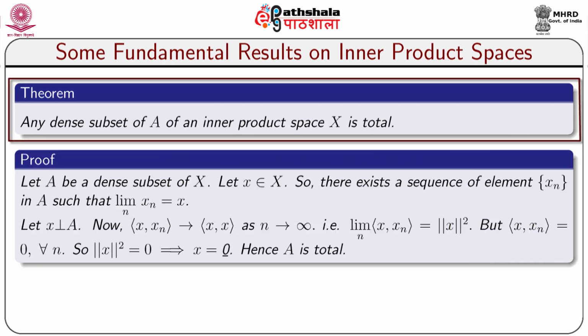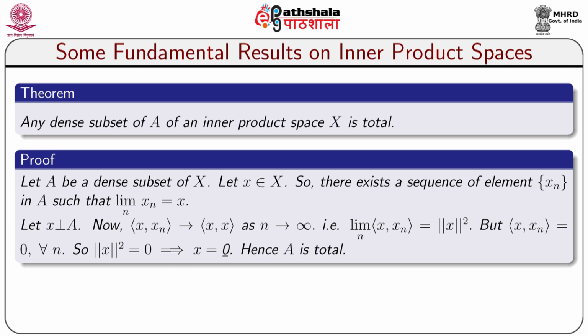Now, let us take a theorem. Any dense subset A of an inner product space capital X is total. The proof goes below. Let A be a dense subset of capital X, let x belong to capital X. So, there exists a sequence of elements xn in A such that limit n of xn is equal to x. Let x be perpendicular to A. Now, inner product x comma xn goes to x comma x as n tends to infinity by the continuity of inner product.